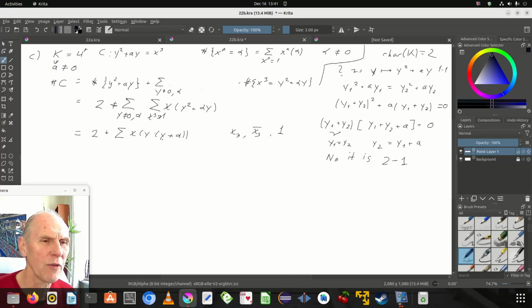Now the trivial character gives unity for all, so it's just counting the number of points. And that's 4 to the rth minus naught and alpha. So that's minus 2. So here we retrieve them again.